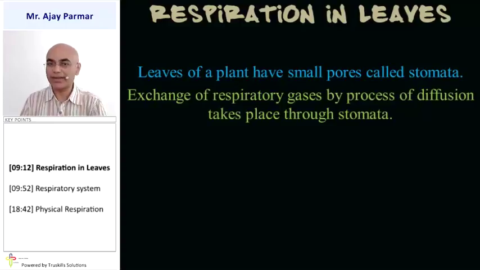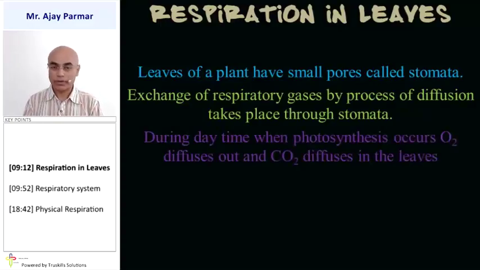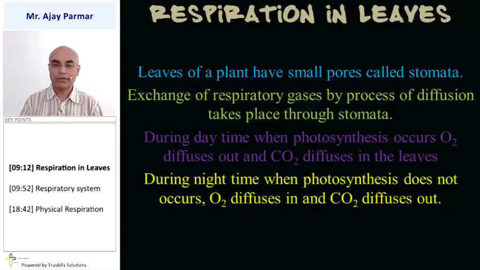Just like in roots, where diffusion was responsible, and in stems, where diffusion was possible, similarly in leaves also, diffusion is responsible for the exchange of gases. During daytime, O2 goes out and CO2 is taken in. But during night time, CO2 goes out and O2 is taken in.